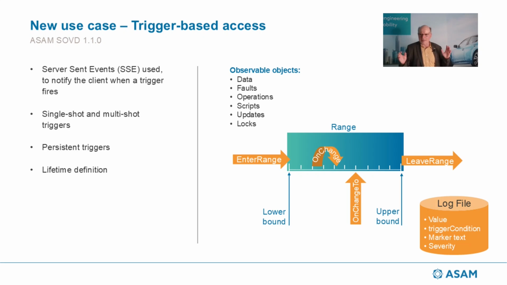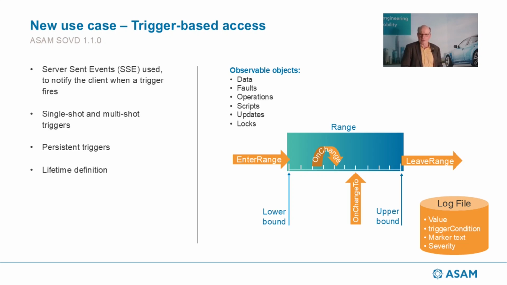In the log file, we can write the trigger condition. We can write the value which has now happened, because if you look for a state change, then you want to know the state. We can write a statically prepared marker text, and we can write a severity. This log file helps a lot in software analysis for the evaluation.